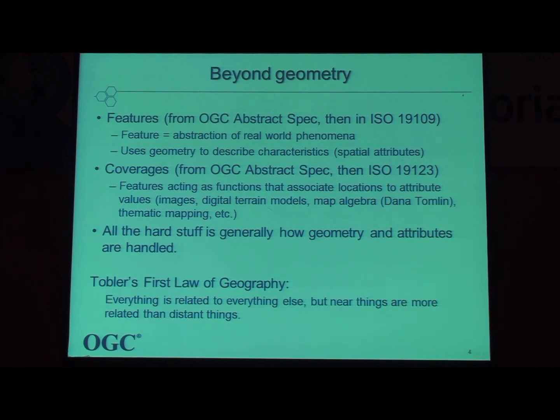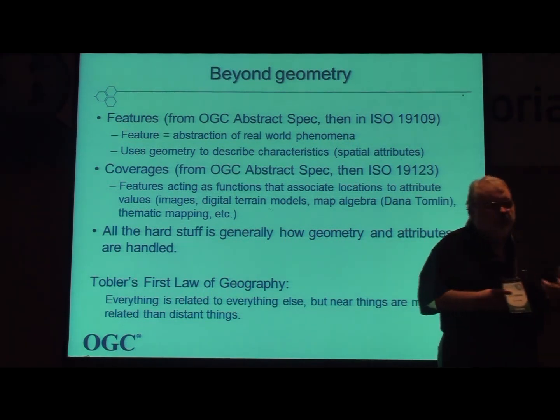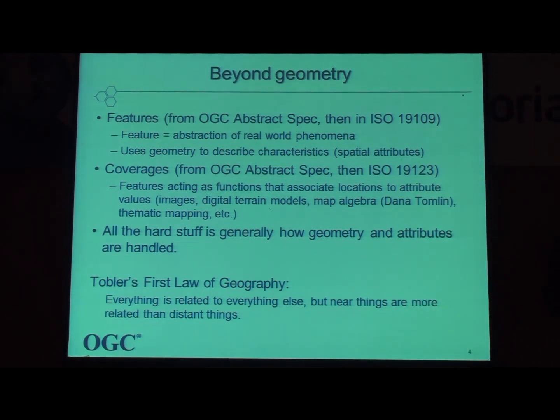Coverages. A coverage is something like a feature where one of the attributes is not just a simple geometry. What it is, it's a mapping from a geometry to values. For example, if the mapping is from geometry positions to colors, you got a picture.